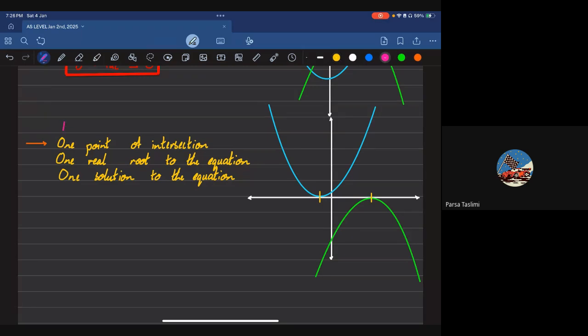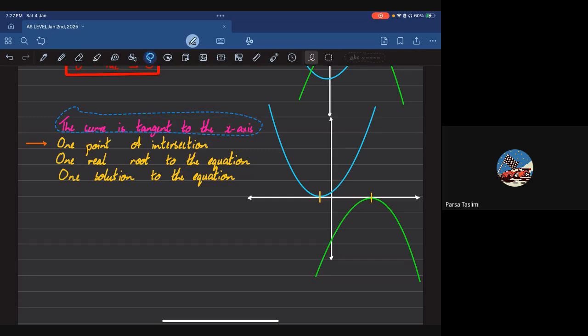Also, one thing you need to notice is that sometimes they will even say the graph or the curve is tangent to the x-axis. What does that mean? That the curve is only touching the x-axis at one point.